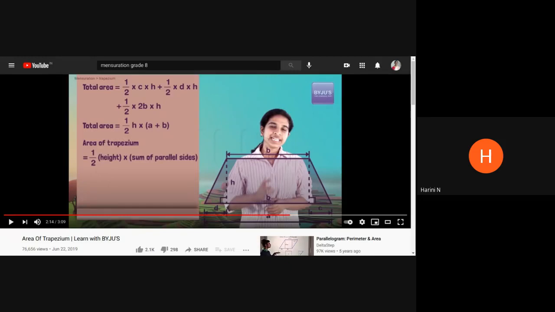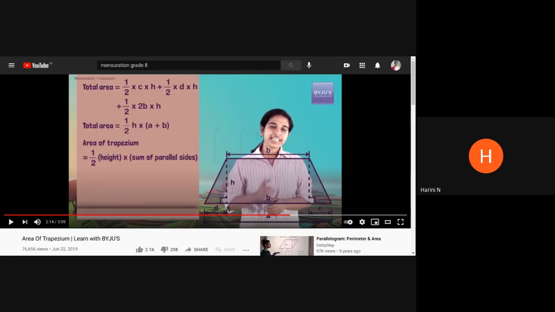That's exactly what she has shown here. Half into base into height, the first triangle. Then half into base into height, the second triangle, plus half into 2 times L plus B. Why is it half again here?